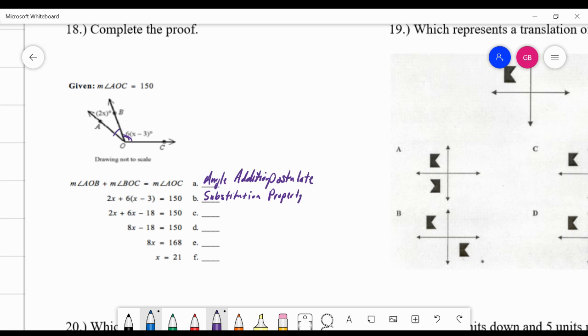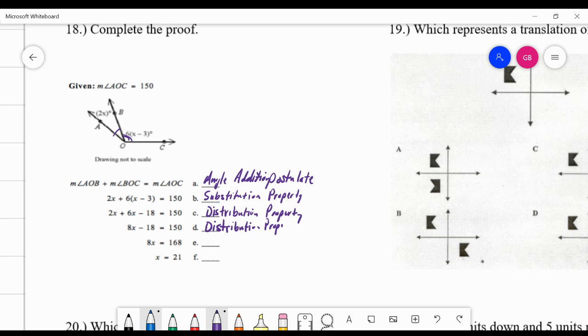And then the 6 was distributed, so the distribution property. And then 2x plus 6x, that was added. So combined like terms is still the distribution property. Or if you write combined like terms, that's fine as well.